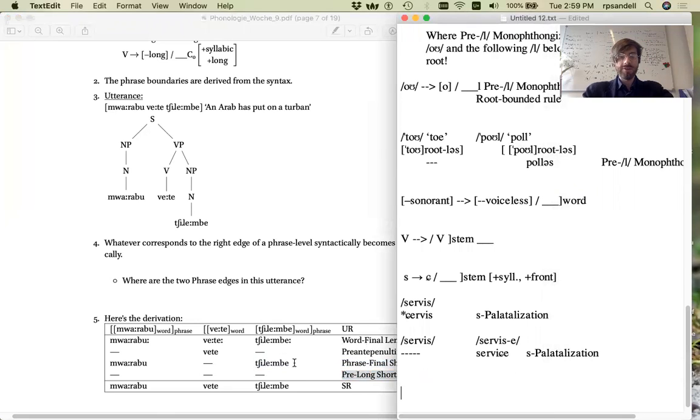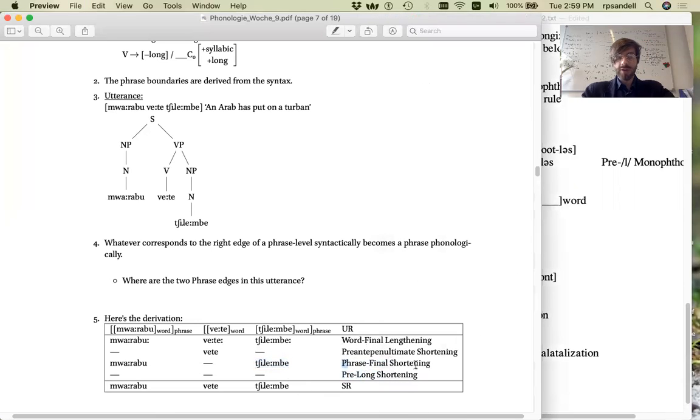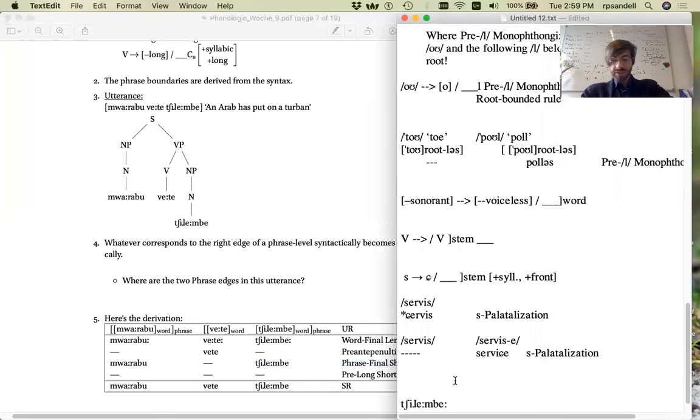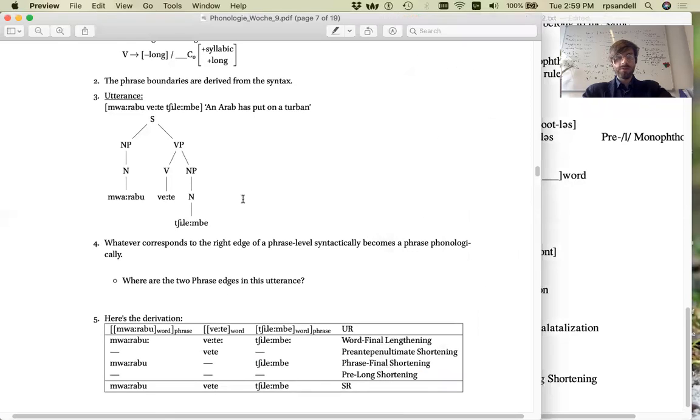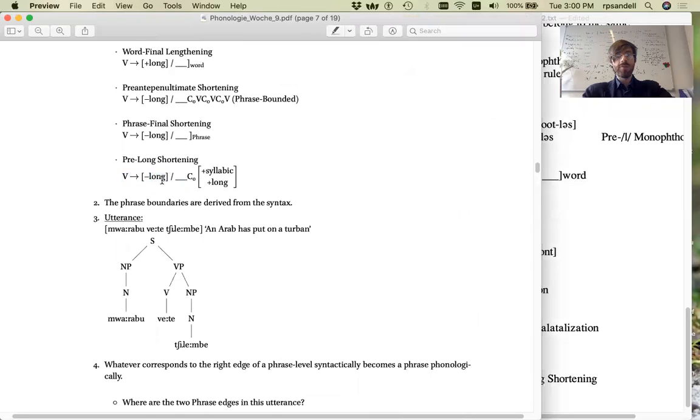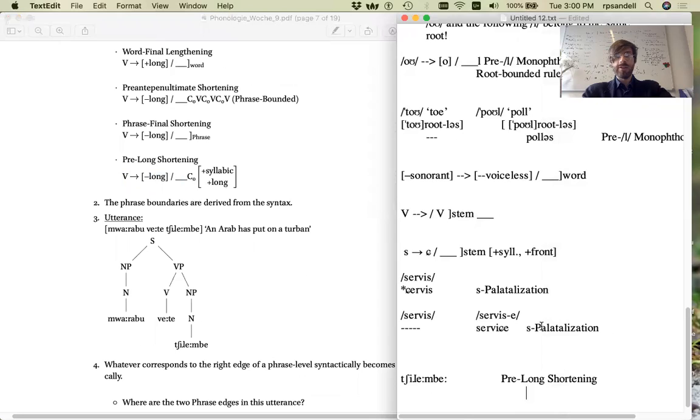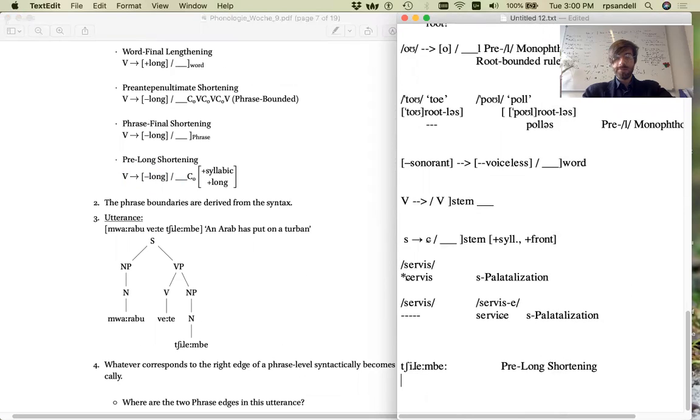We can illustrate this briefly with the form chirembe. So before the application of phrase final shortening, there was a sequence of 2 long vowels next to each other. If pre-long shortening had applied first, so remember this rule says that a vowel becomes short if the following vowel is long, if that had applied first, let's go back up, this would be the input, then the result would be that this long A would be shortened.